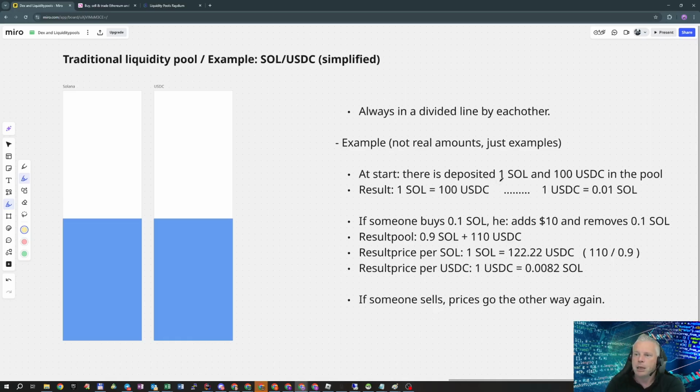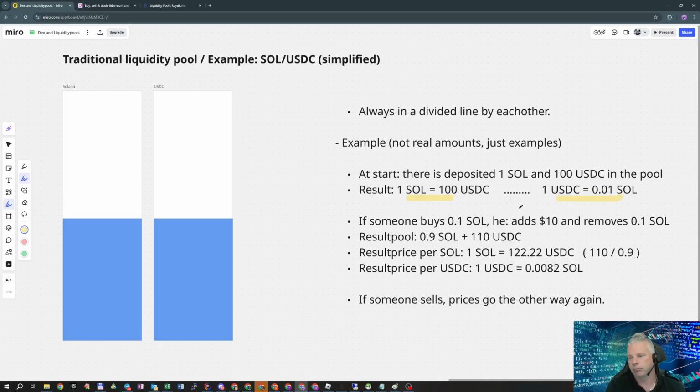Let's say in the start we create a new pool, that's also an on-chain transaction, in which we drop one Sol and 100 USDC. This will mean that if we divide these by each other, you will see that one Sol equals the value of 100 USDC, and vice versa, for one USDC you get 0.01 Sol, right?